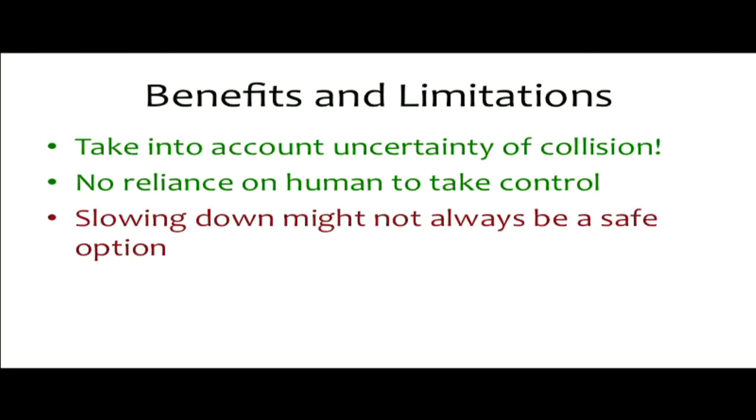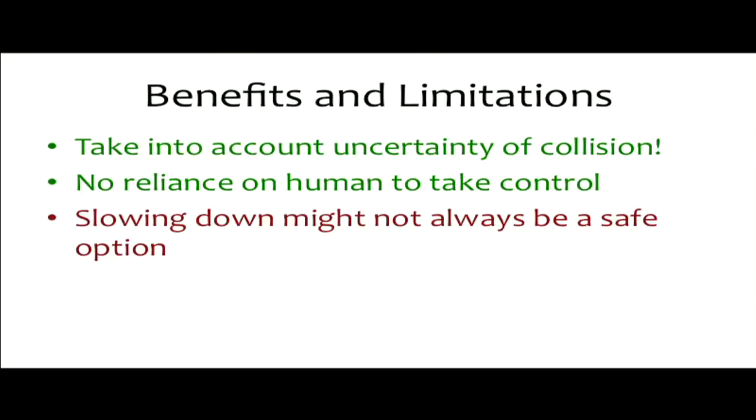One of the limitations is that in some scenarios, slowing down might not always be a safe option. In practice, I think it's a fairly wide-reaching assumption. But if you're, for example, driving on a highway, you might not want to slow down if you're uncertain about getting into an unsafe scenario.